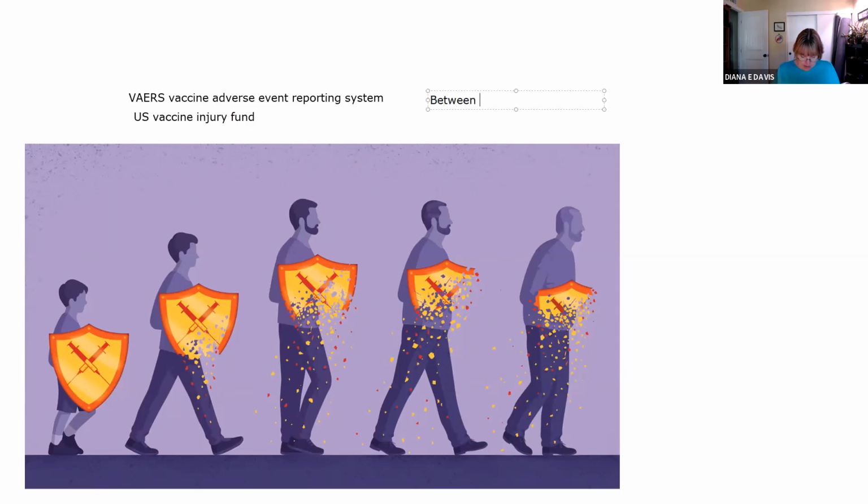Between 2006 and 2021, there were over 4 trillion vaccine doses given in the US. That is such a freaking huge number that, unless you work with massively huge numbers, it just doesn't even make sense.